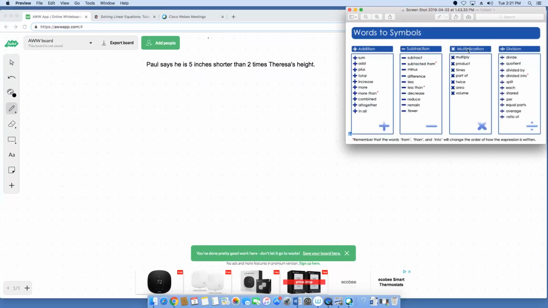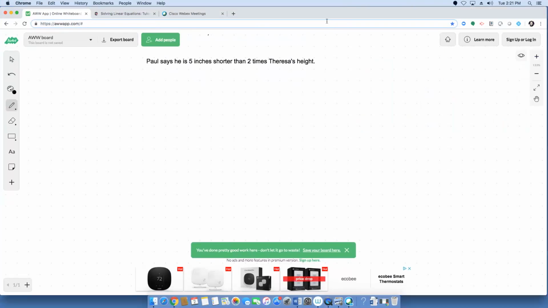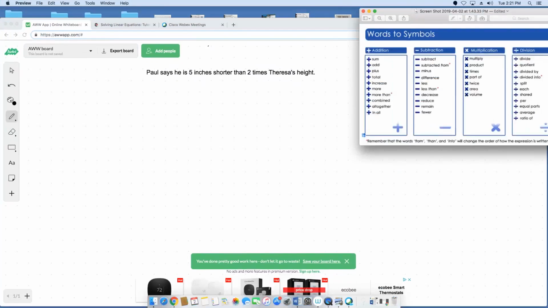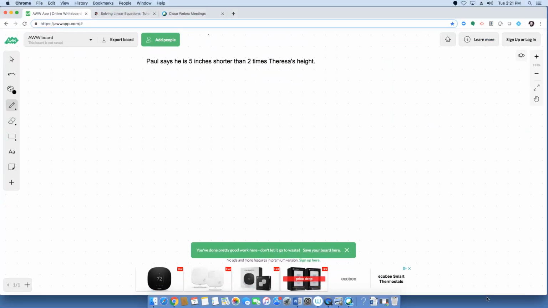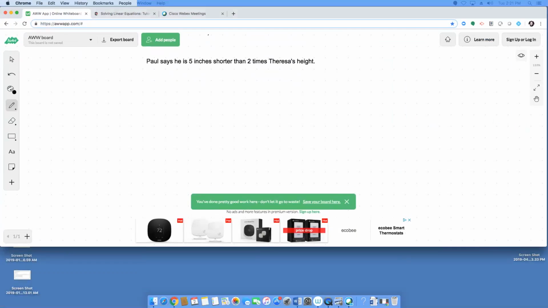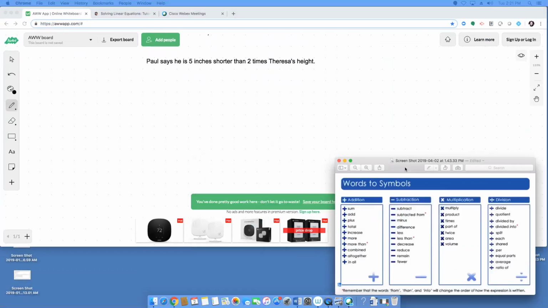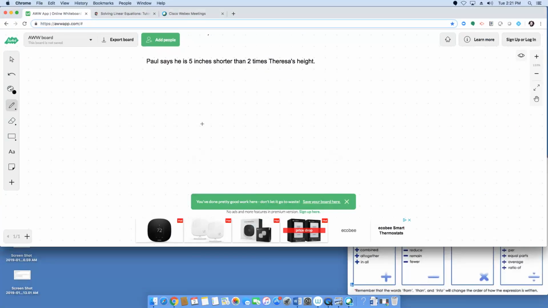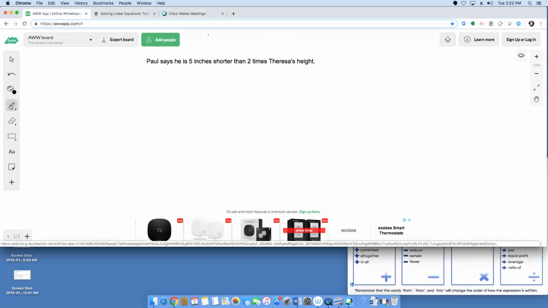One word that's not in here that you're going to be using over and over is this magic word: is. I'm going to circle it in red.